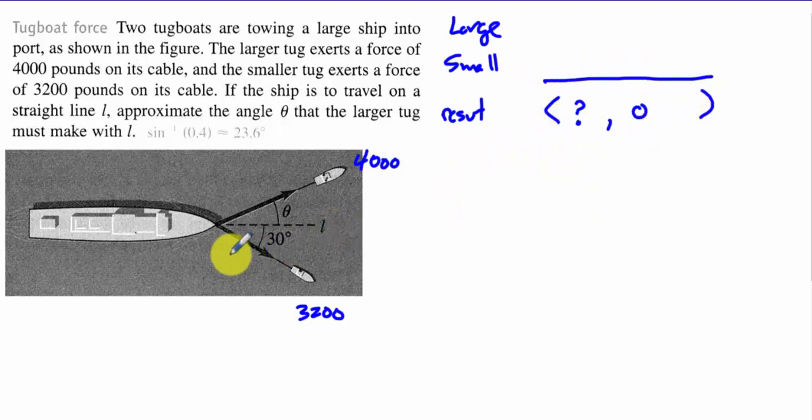Now we know that our large boat is pulling up this direction, so it's going to be 4,000 cosine theta and 4,000 sine theta.